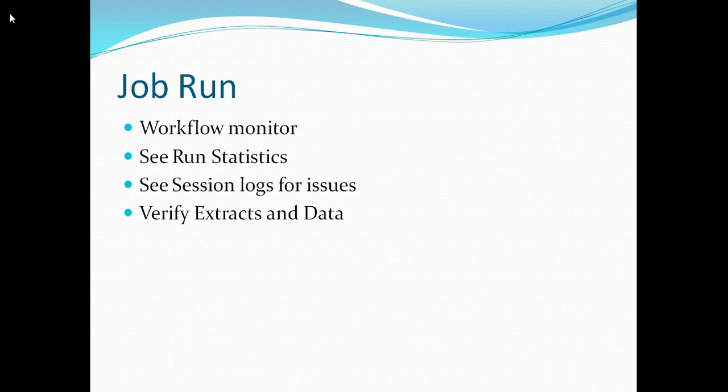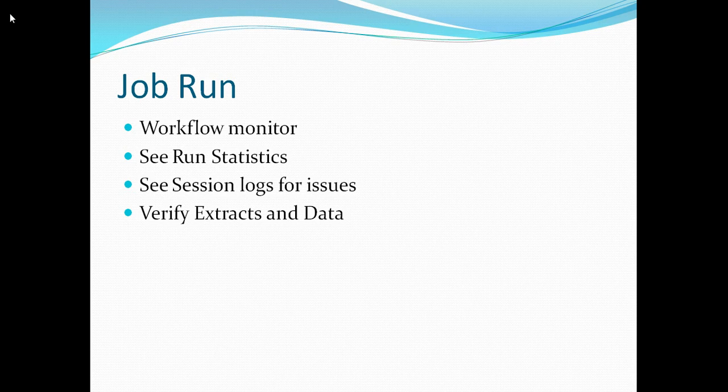So by default, the organizations install the Informatica client on your application server as well, and the developers use the PMCMD utility with the correct syntax and correct values to trigger the Informatica workflow remotely on the Informatica server. Once the job has run successfully, you can go ahead and validate the results first in your workflow monitor.